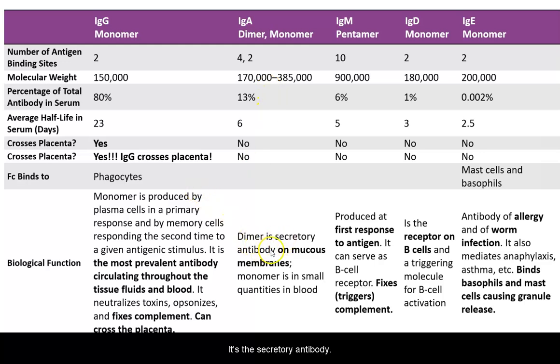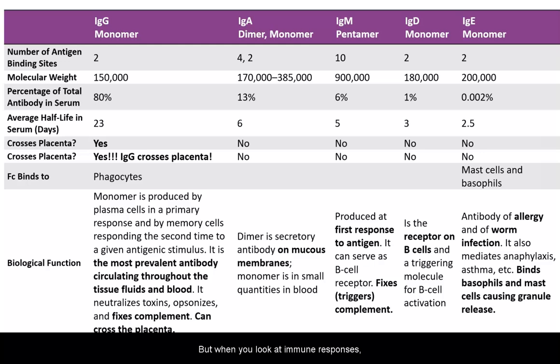It's the secretory antibody. Now, IgM is a huge molecule. It is a pentamer. So it's going to be 5 antibodies bound together. What I want you to know about IgM is it's going to be the first antibody that's made in response to an antigen. And we'll talk about this in a second.